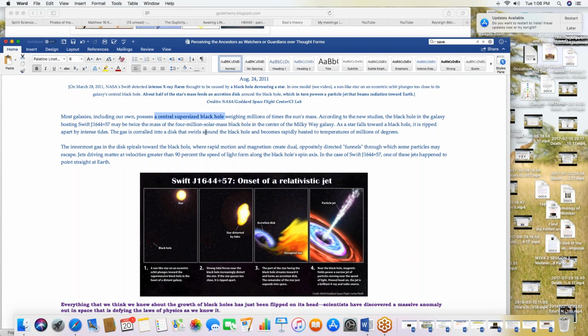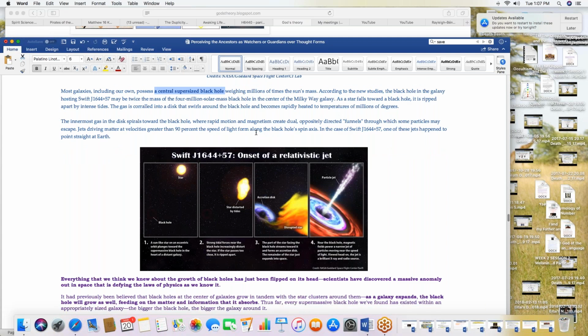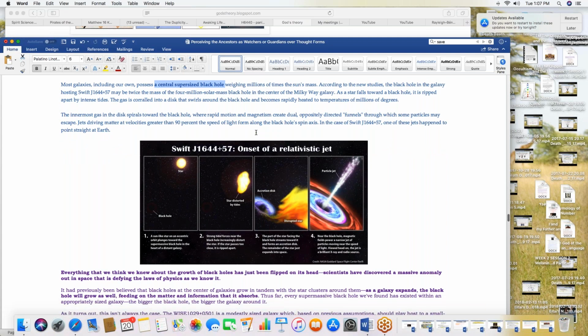As a star falls toward the black hole, it is ripped apart by intense tides. The gas is corralled into a disk that swirls around the black hole, becomes rapidly heated to temperatures of millions of degrees. The innermost gas in the disk spirals toward the black hole, where rapid motion and magnetism create dual, oppositely directed funnels through which some particles may escape.